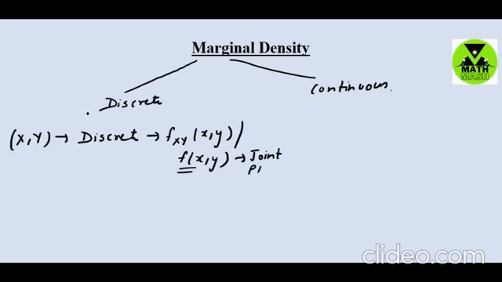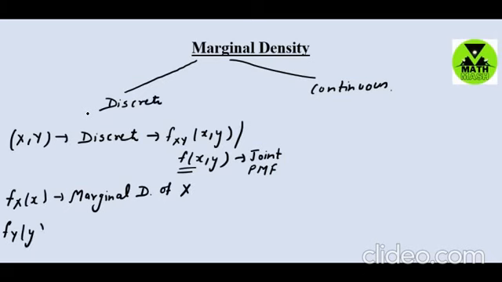So this is the joint PMF, and if it is given by f of x comma y, then the individual density is given by fx of x. This individual density is for x. So fx of x is nothing but the marginal density of x. And what is fy of y? This is the marginal density of y.